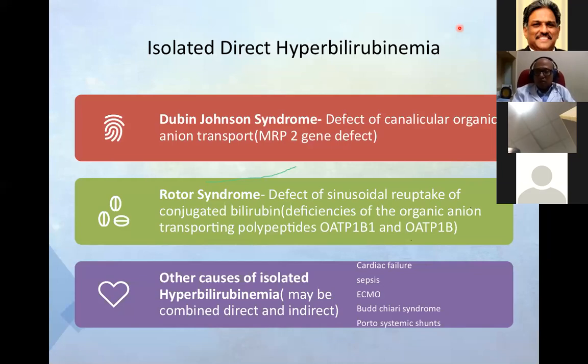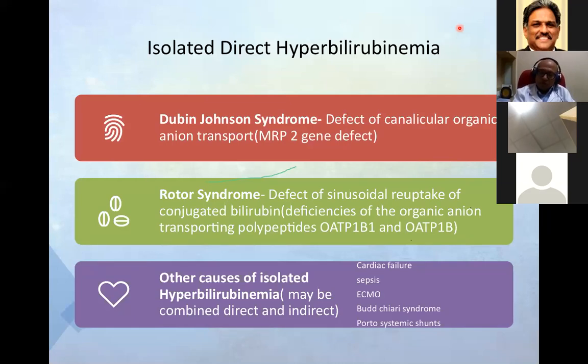Dubin-Johnson can be identified by doing a nuclear medicine test where we look at radio-labeled HIDA scans.